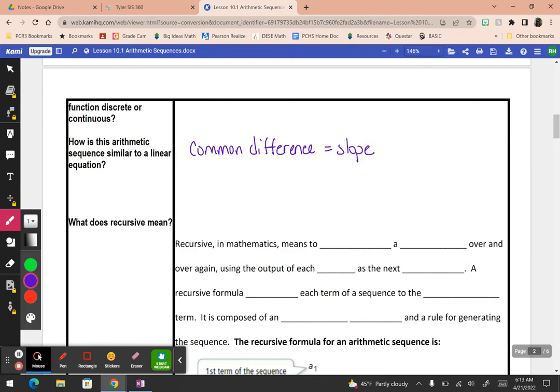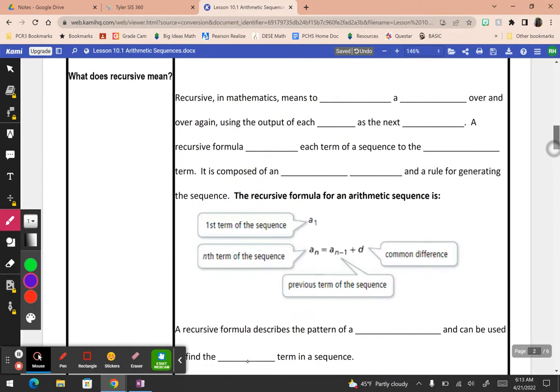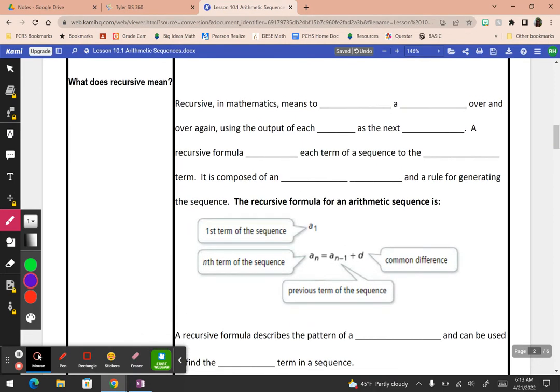Okay, so the two different types of formulas that we're going to talk about with arithmetic are recursive and explicit. Okay, one is more helpful than other in my opinion, but recursive in math means to repeat a process over and over again, using the output of each step as the next input.